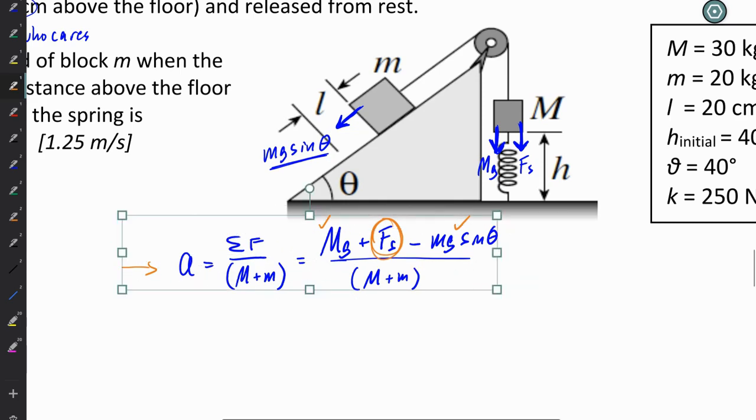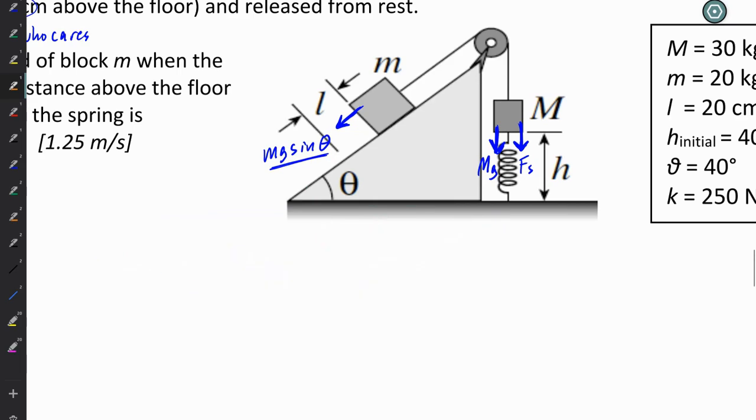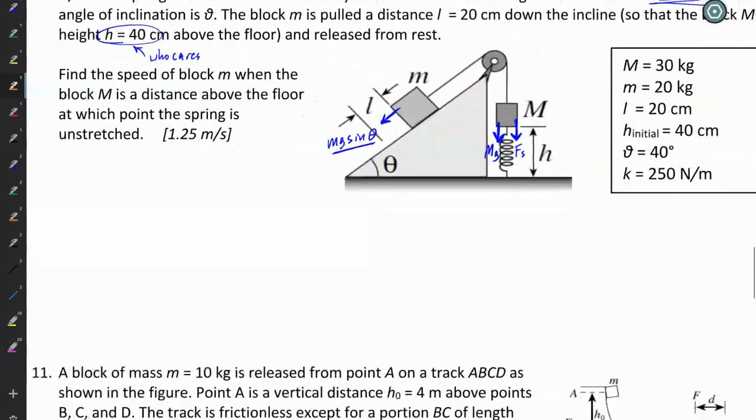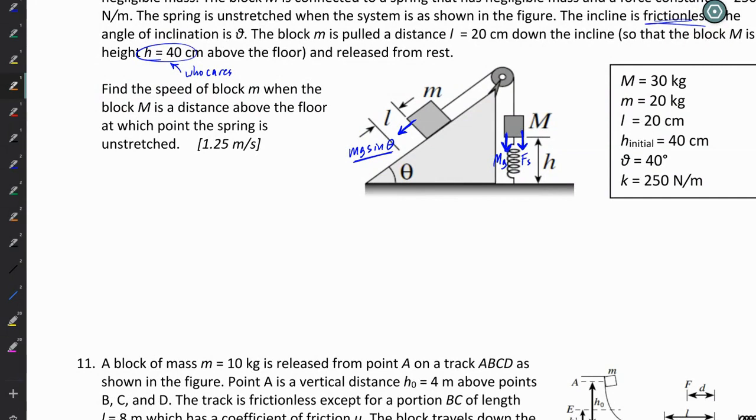So then the question is, how did I know I was supposed to use work? Well, if you're going to just go the pure energy route, there are two ways to interpret this.